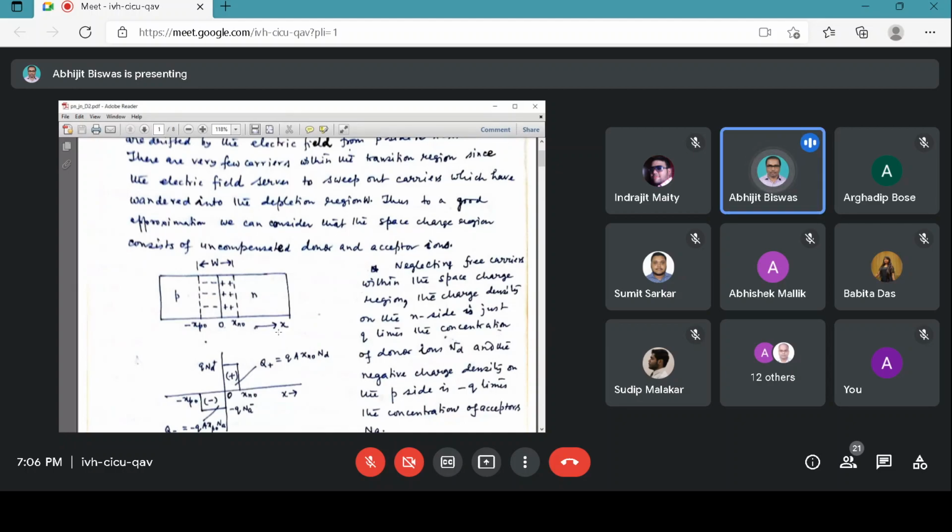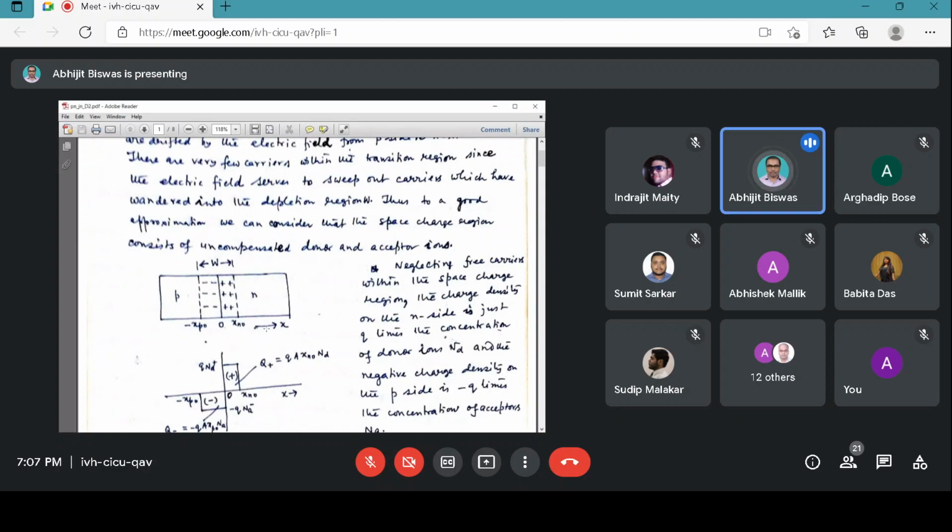To a good approximation, we can say that the space charge or depletion region consists of uncompensated donor and acceptor ions. In this region, free charge carriers are always in transit. They are in motion, so they can never stay within this depletion region. That is why you can say that this region is free from free charge carriers.